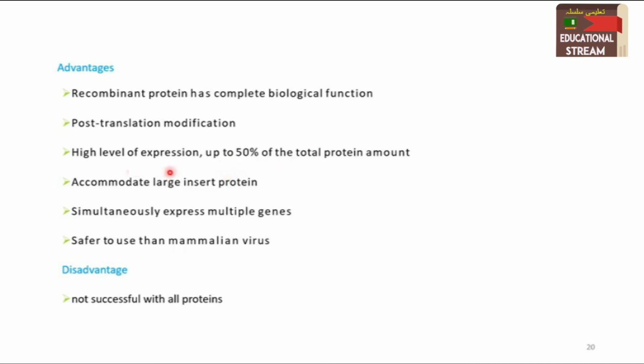Another advantage is that it can accommodate large inserts, like we can clone and express large size proteins in the insect host system. Another very important advantage is that we can simultaneously express multiple genes in this host, and it is safer to use insect viruses than mammalian viruses. But the major drawback of using the insect system is that it is not successful with all types of proteins.